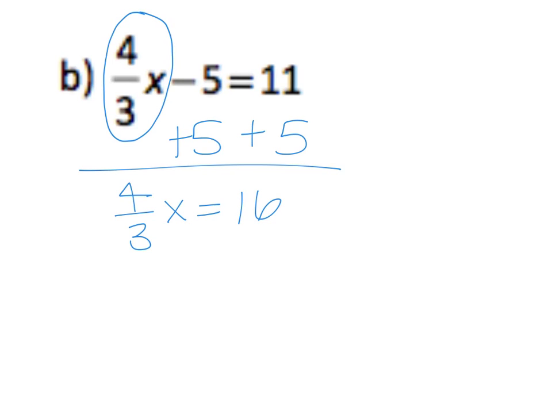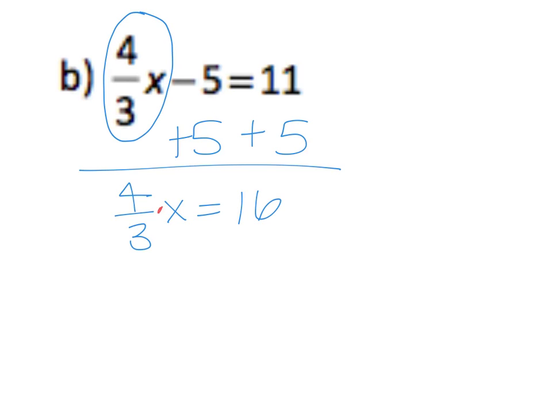Now on a side note, this 4/3 x means a lot of different things. You could write this as 4x over 3, or you can think about this as 4 over 3 times x. It means the same thing in both cases. So we can solve this in a couple different ways. The first way they'll show you is by multiplying by the reciprocal. When we think about 4/3 times x, and we undo that multiplying by x, we think about dividing.